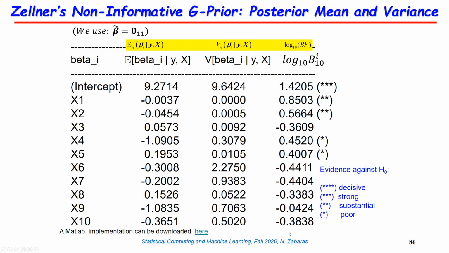You can notice from the values here that the parameters shown with stars indicate evidence against H0, which means that literally in this model, beta 0 is needed, beta 1 is needed, beta 2 is needed, beta 3 we don't need, beta 4 and beta 5 are needed, even though the argument to keep them is weaker than, for example, keeping the intercept in the model.